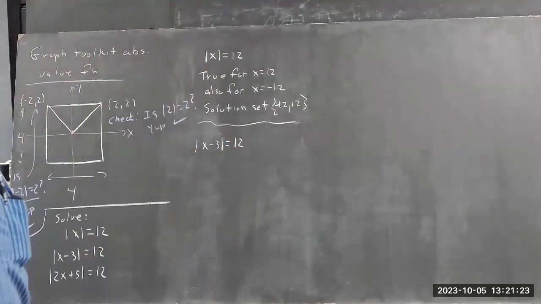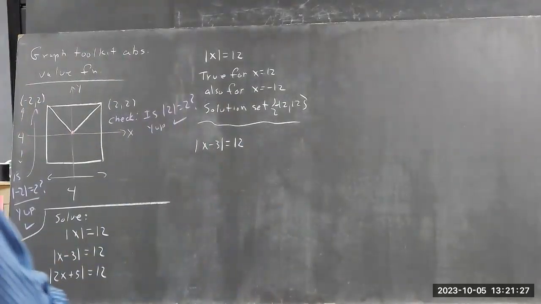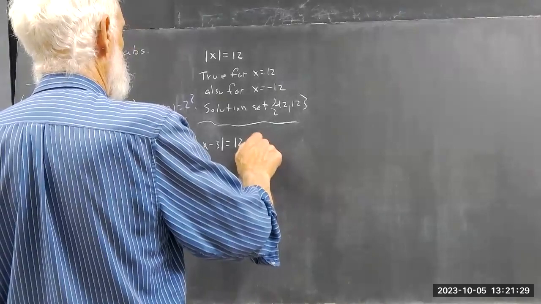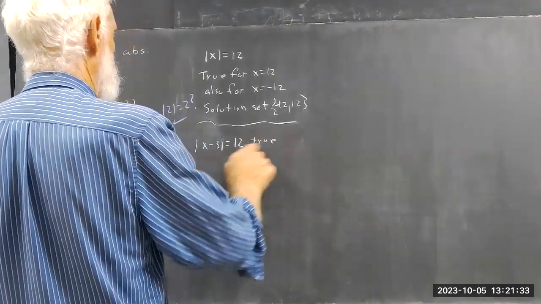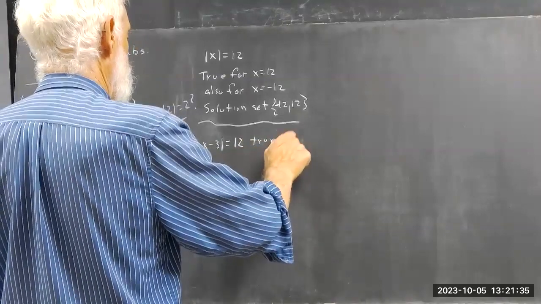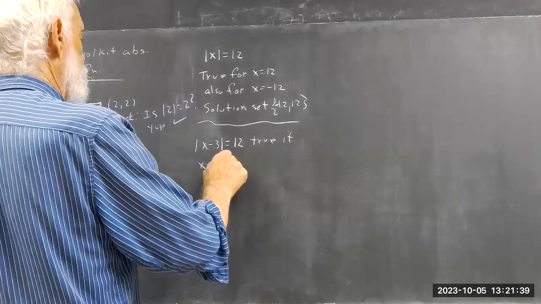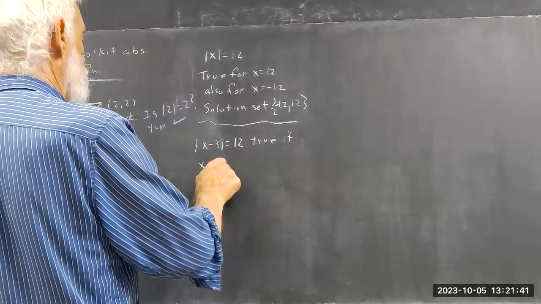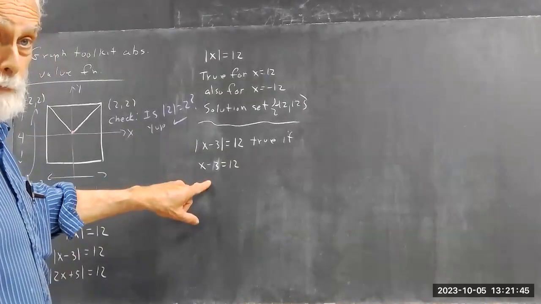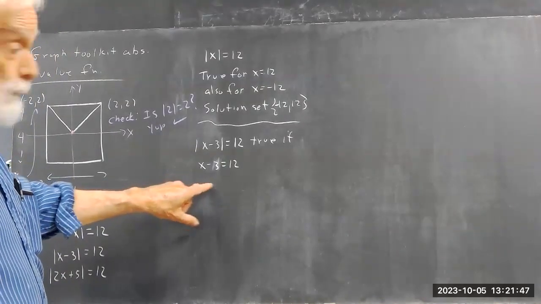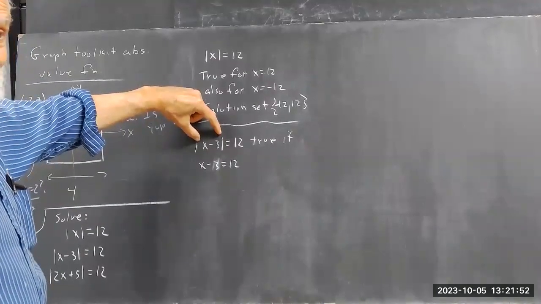Now, absolute value of x minus 3 equals 12 is true if x minus 3 is 12, isn't it? If x minus 3 is 12, then the absolute value of x minus 3 is by darn 12.